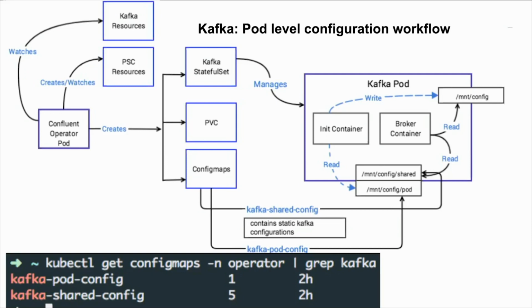Kubernetes by default uses svc.cluster.local, but a lot of customers want to change that because they want to manage their own certificates. You can do that. The init container reads whatever is mounted on the mnt config pod, parses that template, and writes to the mnt config, which is shared between the init container and the broker container. The broker container then reads those configurations and uses them when starting the application.